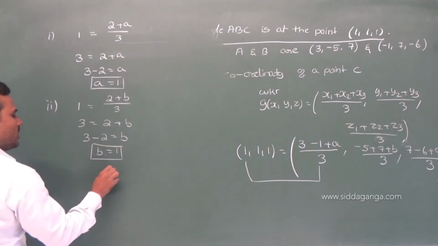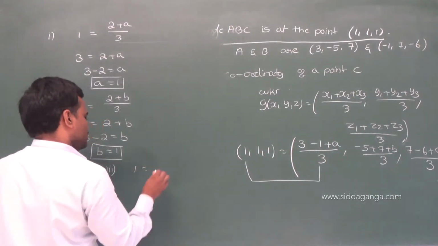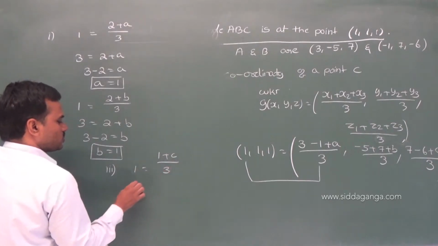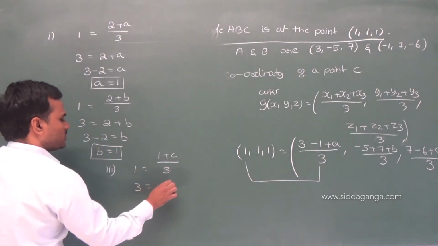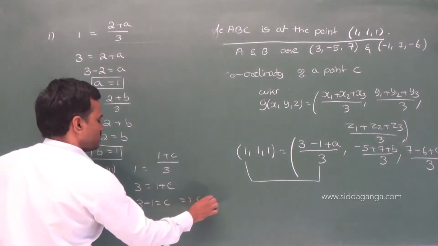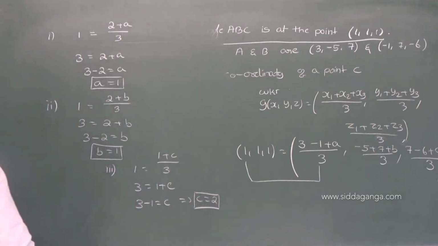Similarly, the z coordinate: 1 is equal to 7 minus 6, which is 1, plus c, divided by 3. So 3 is equal to 1 plus c, so c is equal to 3 minus 1, which is 2.